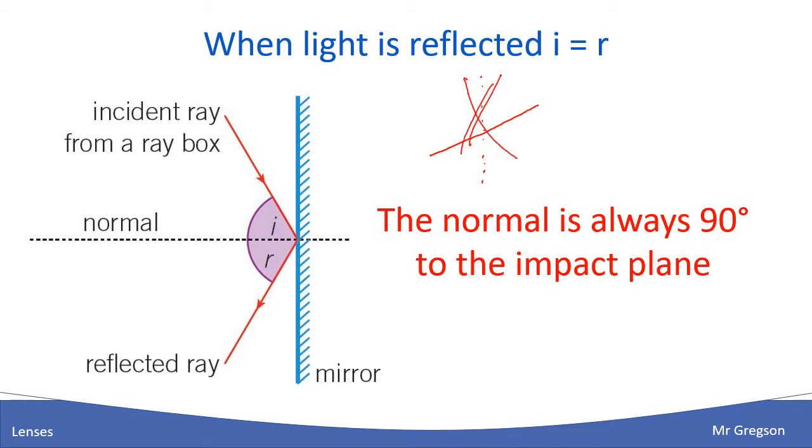If you had a reflective plane like that, your normal is going to be 90 degrees to it. There's my little right angle symbol, and of course you've got an angle of incidence, and that angle there must equal this angle here. So you would measure this one first, measure off to there, and your reflected light is going off there.